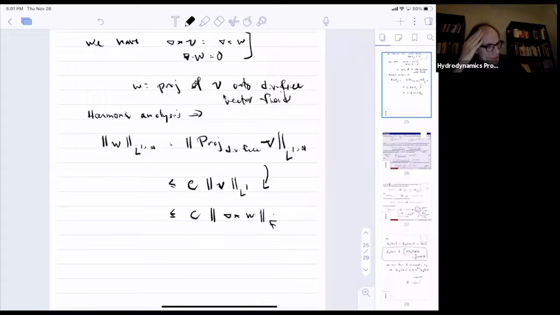So if I take the Fourier transform of a vector field, it's divergence free if the Fourier transform of the divergence of the vector field v is xi dot v hat, and so we want xi dot v hat to be 0.